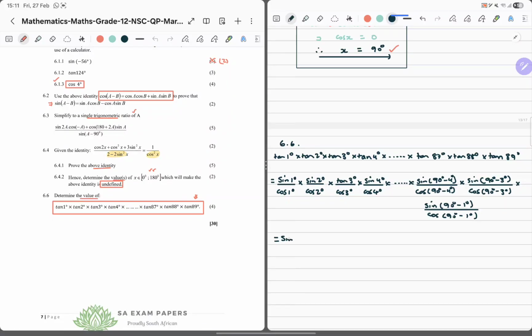so this one says sine 1 degree over cos 1 degree multiplied by sine 2 degrees divided by cos 2 degrees times tan 3 degrees divided, yes, you see. How did I end up with this?